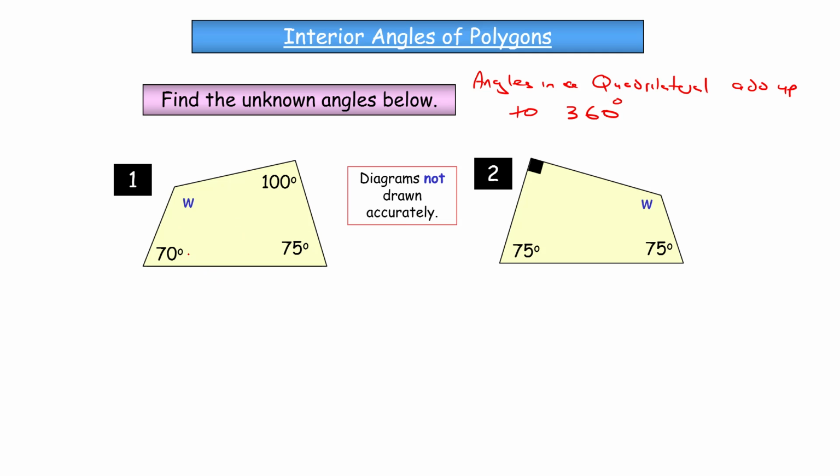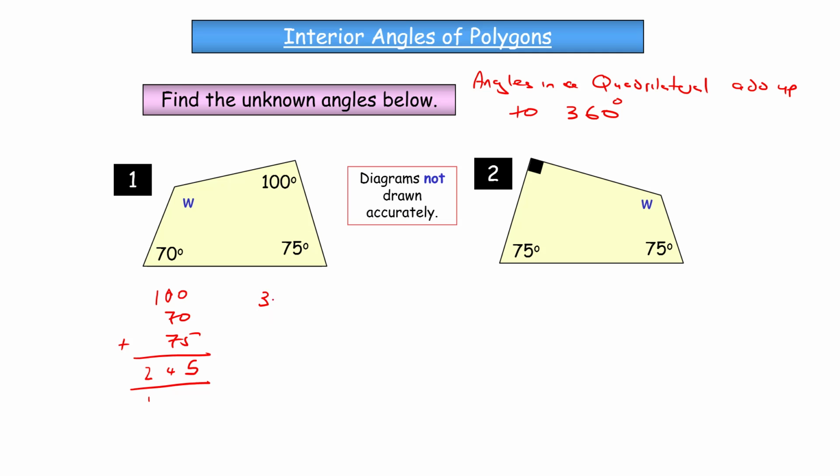So how do I work out W? I think you know. Let's add up what we know: 100 plus 70 plus 75. So if we add those together, you get 5, 7 plus 7 is 14, so 4 carry 1, 1 is 2, 245.